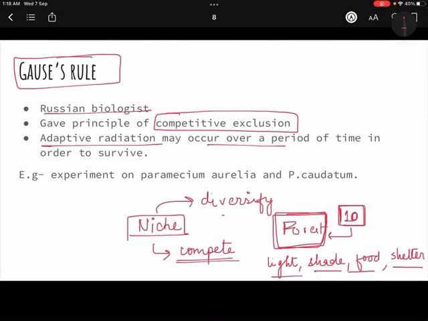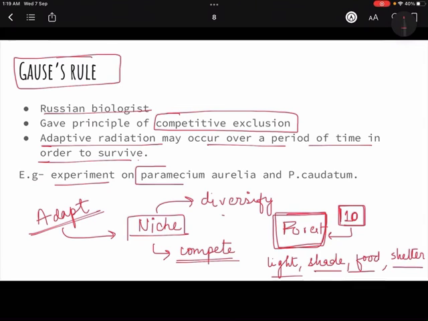Adaptive radiation may occur over a period of time in order to survive. Adaptive radiation is, you adapt to a changing environment, or because there is so much competition, you adapt into different niches altogether. For example, this phenomenon we cannot see in the wild, because we do not go into the forest and see when someone changed their eco niche, how they changed. But it is easier for us to do it in a lab and see. For example, one such experiment was done on Paramecium.